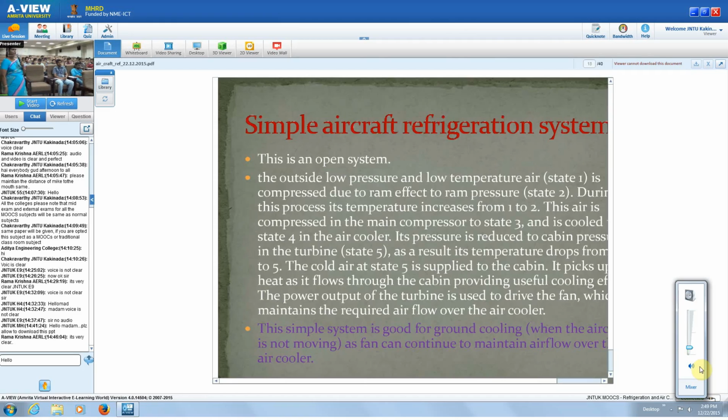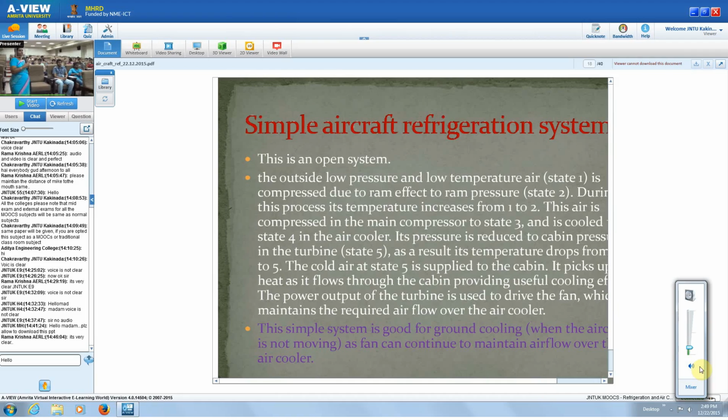Then the next type is simple evaporative cooling. The same thing is given with some wording here. So this is nothing but an open system. Then what is T1, T2, what is ramming, then 2, 3 compression, 3, 4 heat rejection, then 4, 5 again isentropic expansion, all this.